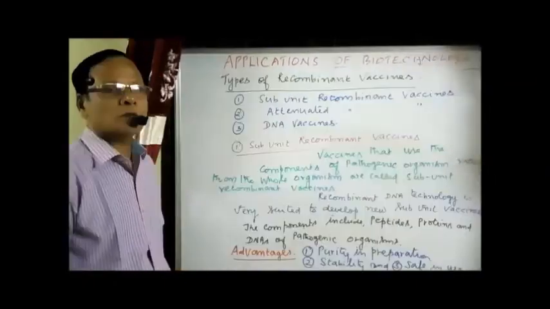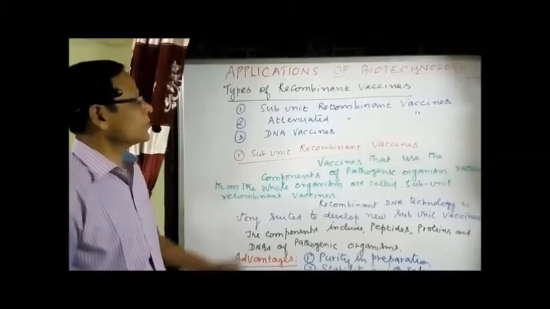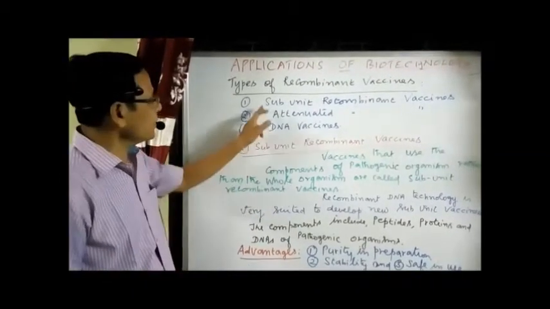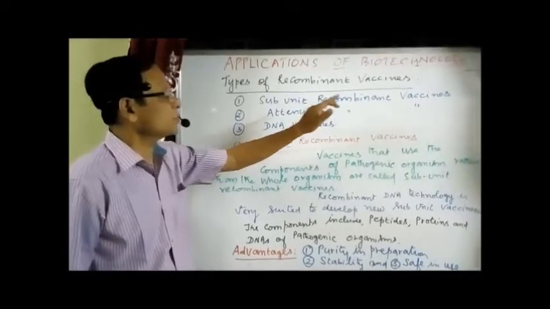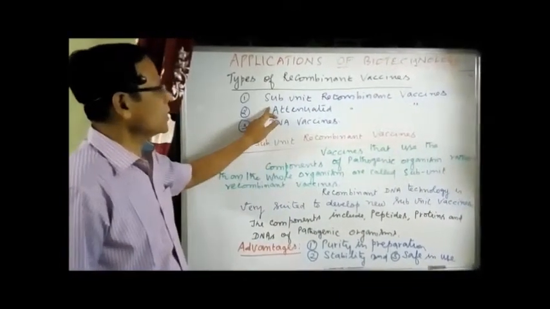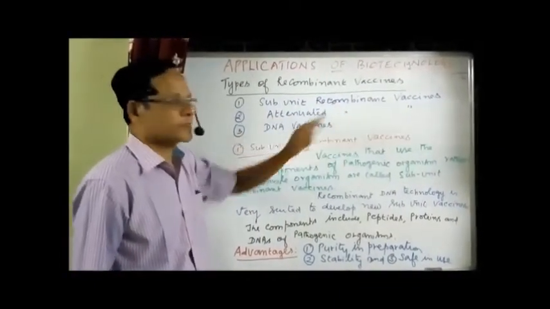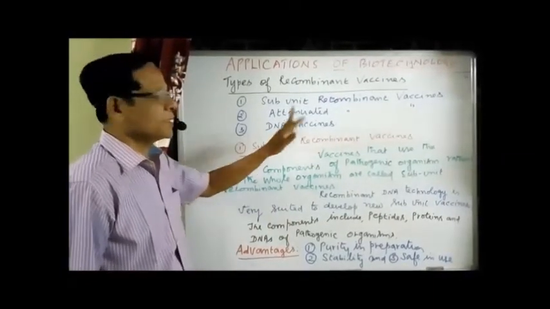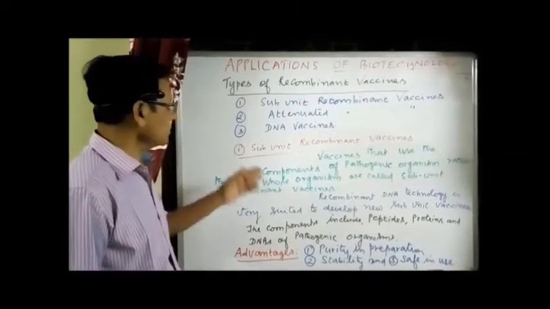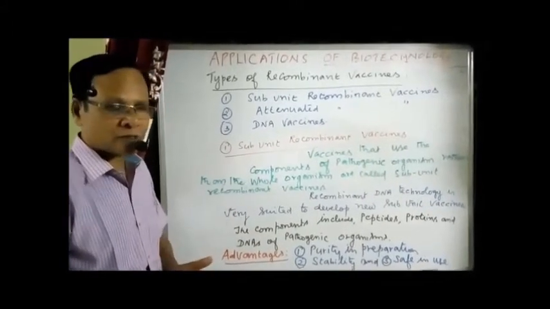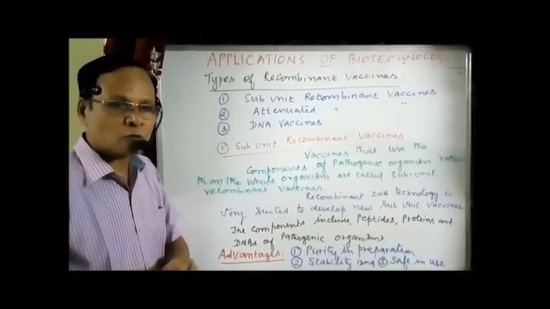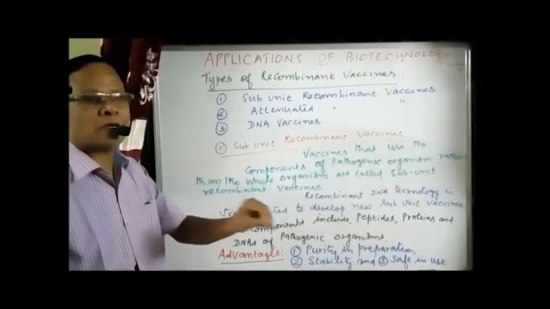Okay, let's continue. What are the types of recombinant vaccines? There are 3 major types: 1, subunit recombinant vaccines; 2, attenuated recombinant vaccines; 3, DNA vaccines. Now, what are subunit recombinant vaccines? The word subunit is used because not the entire organism is used, only a component part of the organism.